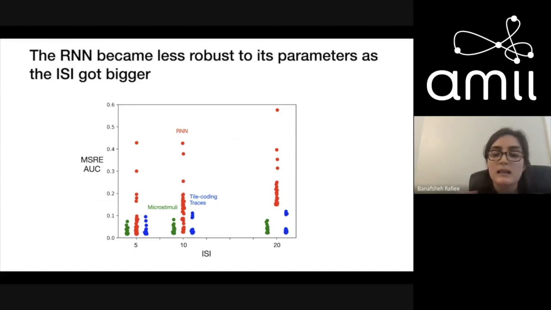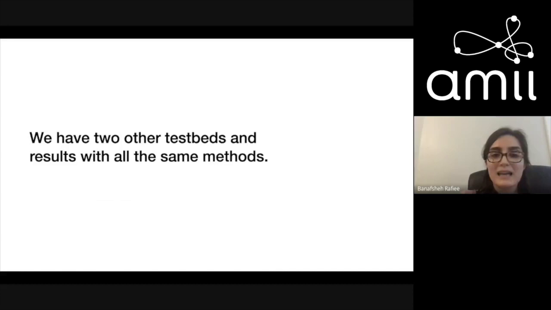And we see that as ISI gets bigger, the RNN becomes more sensitive to its parameters. We have two other test beds and results with all the same methods, but I'm not including those in the talk because there's not much time and I still need to finalize them.